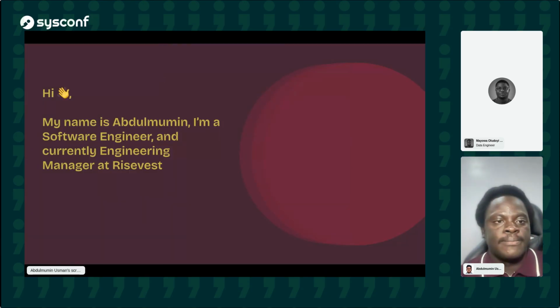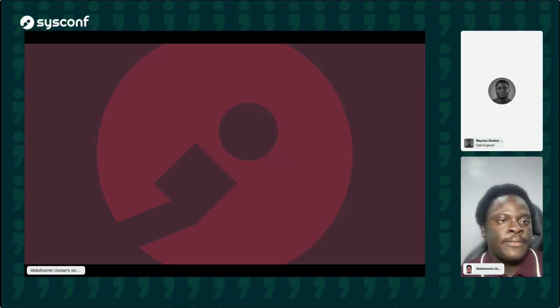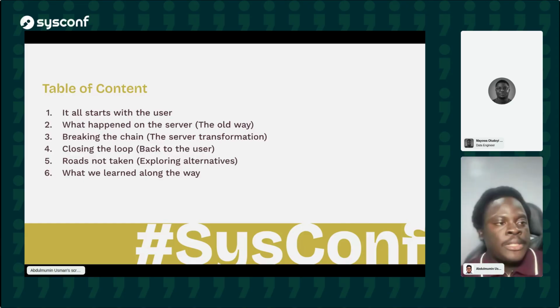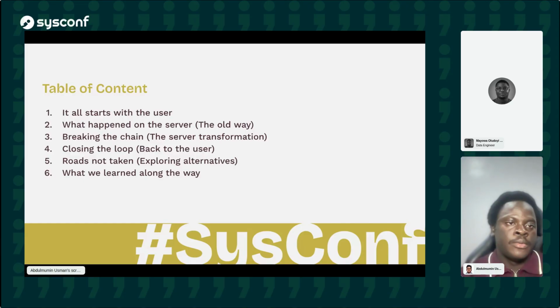So, quick introduction. I've done that, but let's get the backstory of this. When we set out to build Rise 3.0, it was a refresh of the UI, but not just the UI.